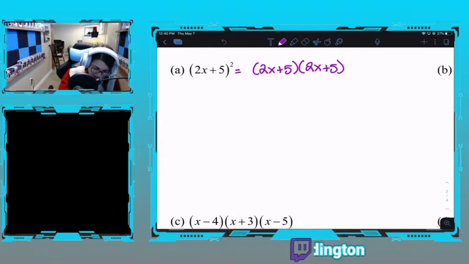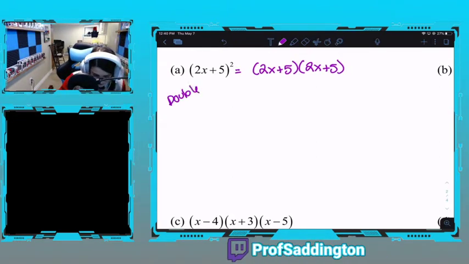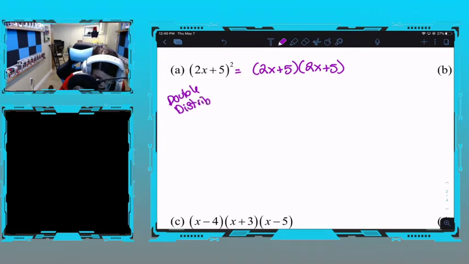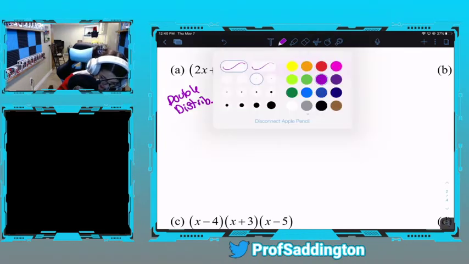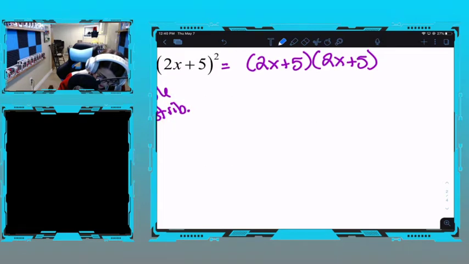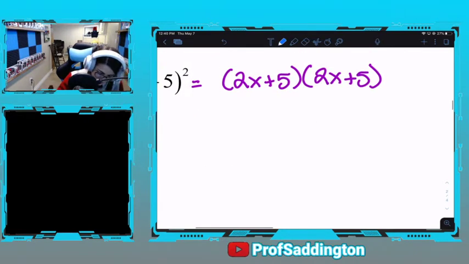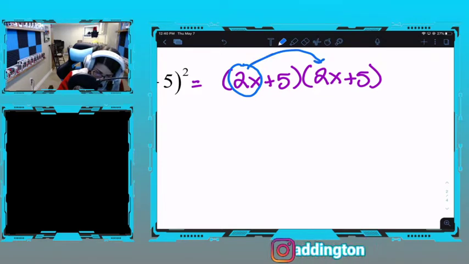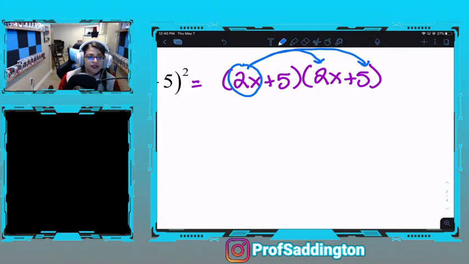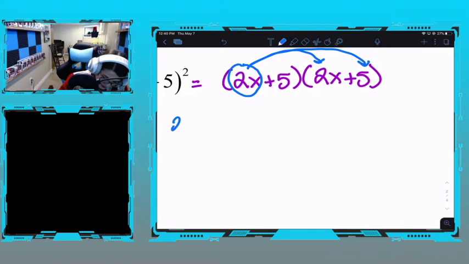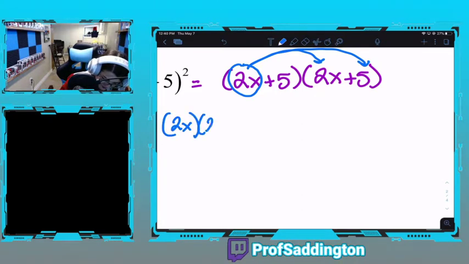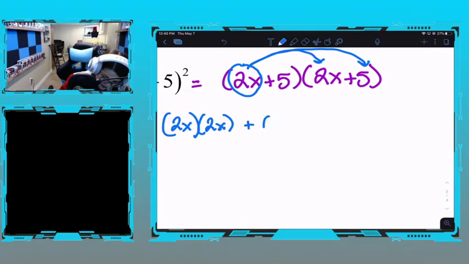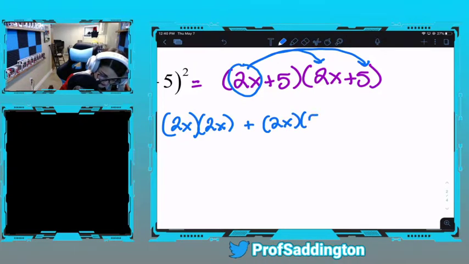So in A, I will do the double distribute. Okay. So when I double distribute, what I do is the first term gets multiplied by the other two terms in the opposite quantity. So I have 2x times 2x plus 2x times 5.